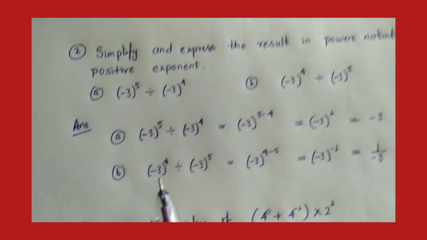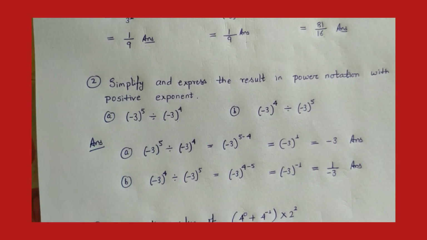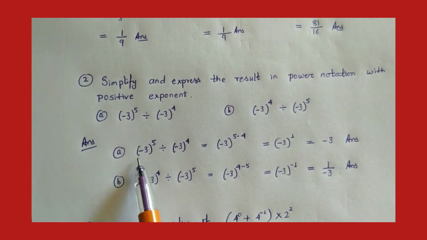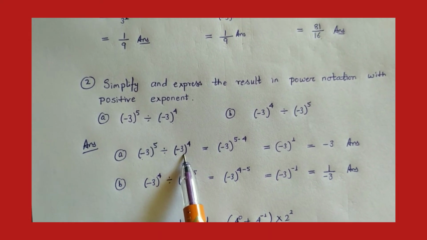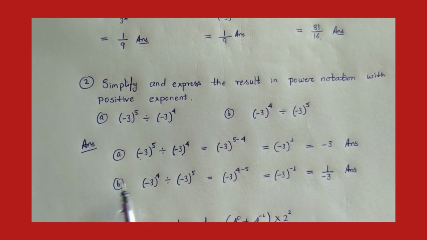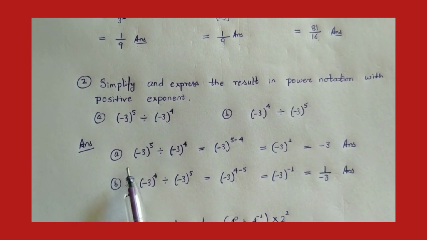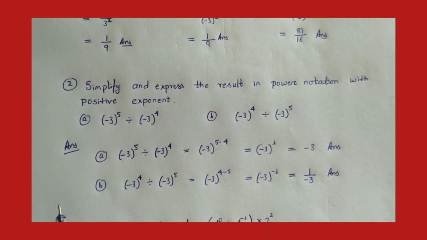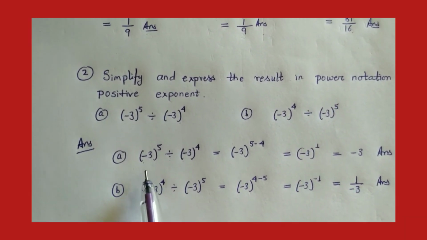Generally, we get confused by looking at the sign of the base and the power. While applying the law of exponents, there is no confusion whether the sign of the base is positive or negative.